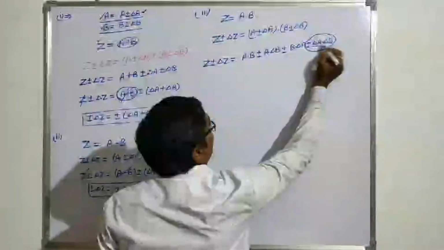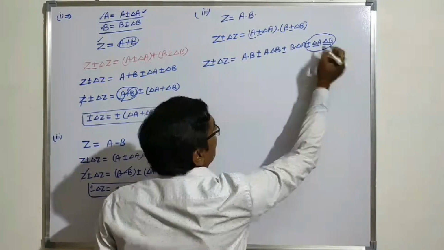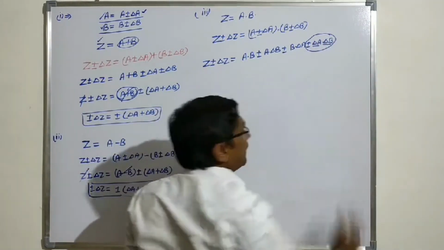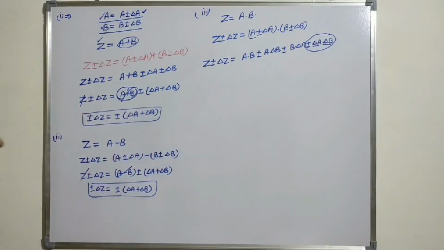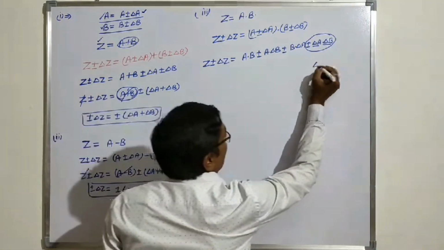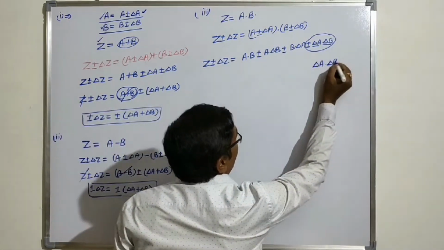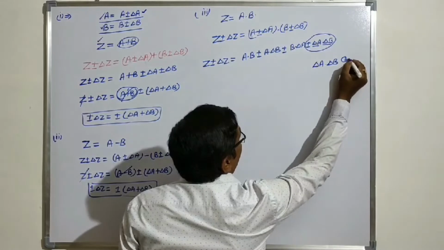Del A is a very minute difference, del B is also a very minute difference, so when two minute differences multiply, the value can be neglected. So here del A dot del B can be neglected.